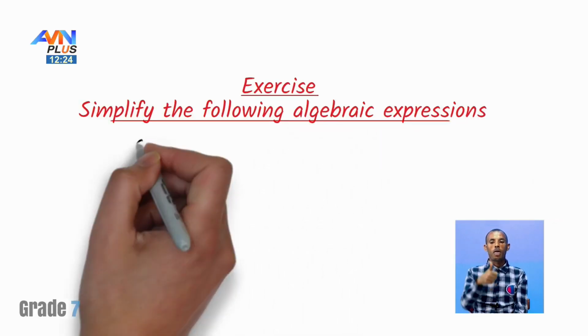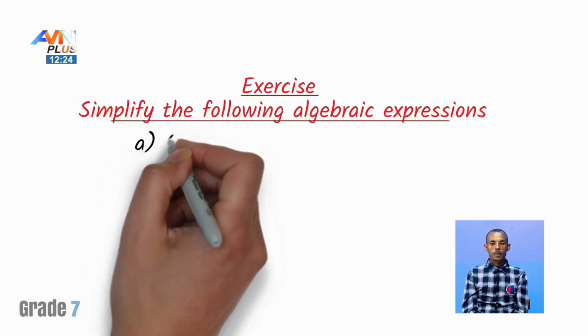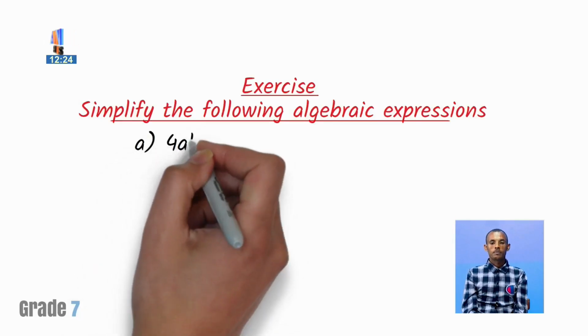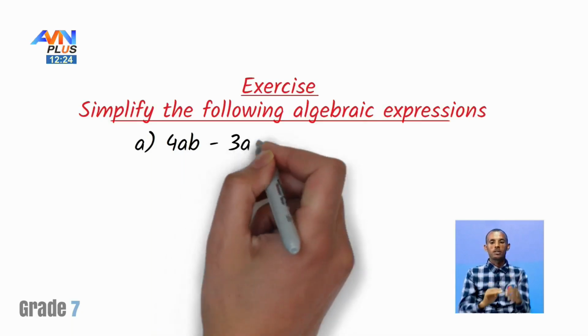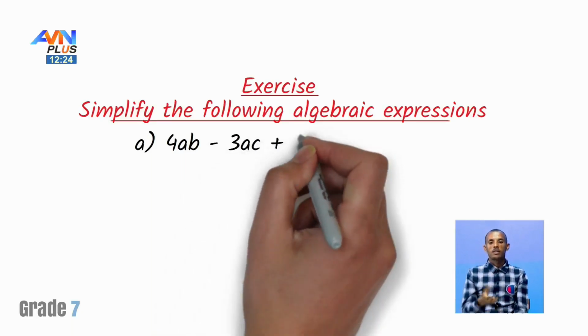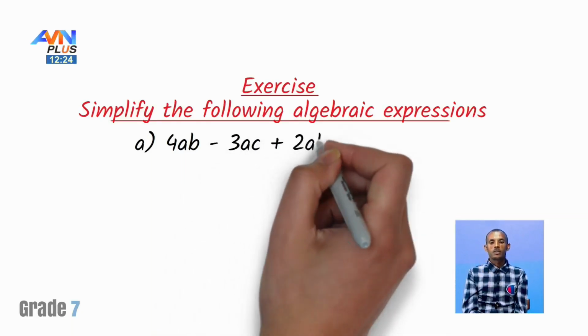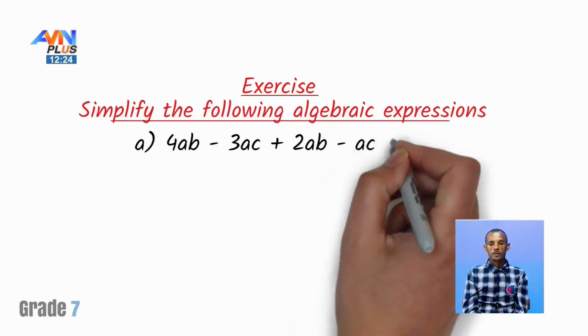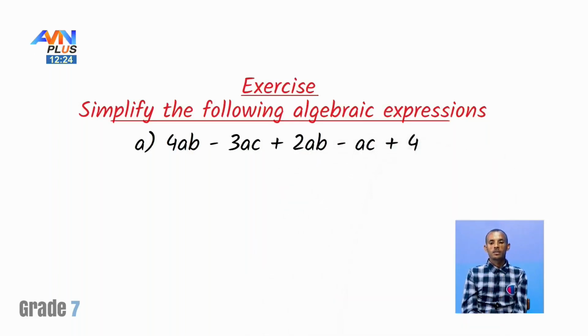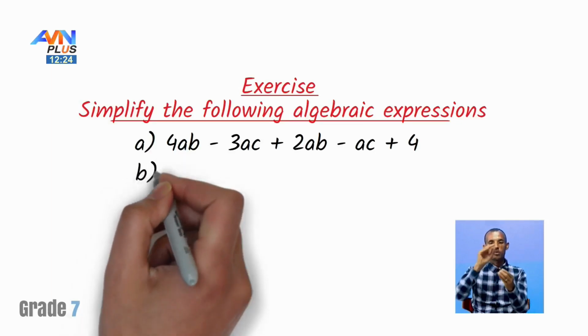A: 4ab minus 3ac plus 2ab minus ac plus 4. That is the first question.